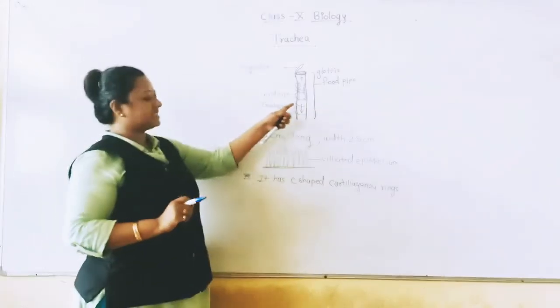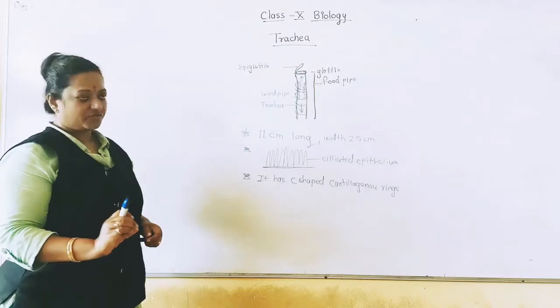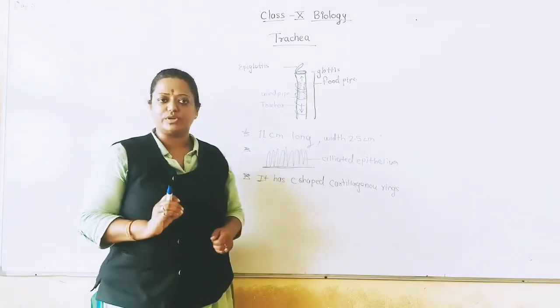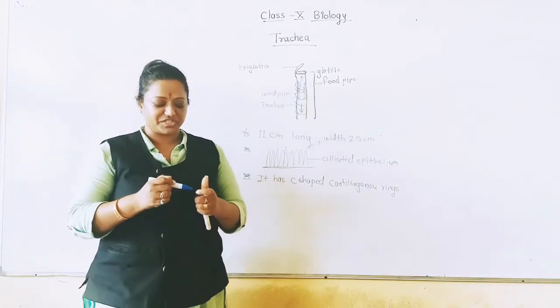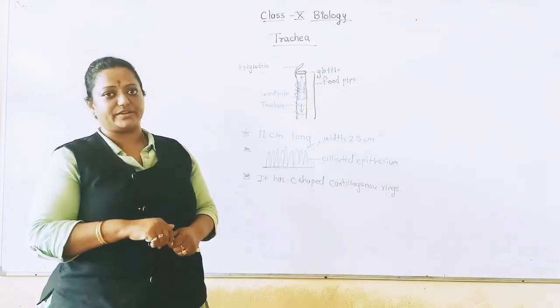Understood? Cartilaginous means the soft bone, which is actually a connective tissue, but it is the soft bone which is present in the nostril segment, right?